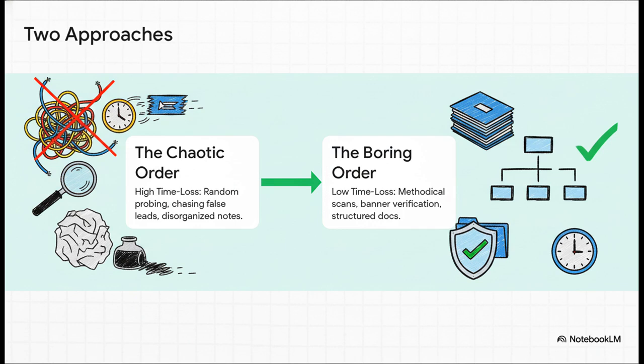You've got two paths you can go down. On one side, there's the chaotic approach. You're just probing stuff randomly, you see a weird banner and you immediately chase it down a rabbit hole for an hour. Your notes are a complete mess. That's a huge time loss. Now look at the other side, the boring order. Methodical scans, verifying every banner with your checklist, structured documentation. That is low time loss. It's simple, it's effective, and frankly, it's professional.